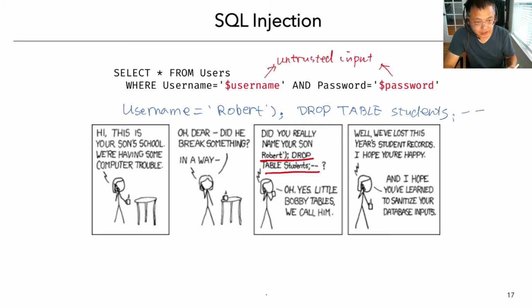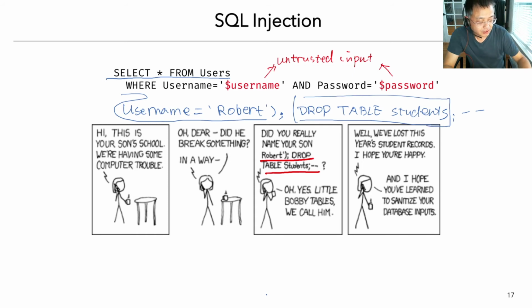If you look at this, now you are selecting star from users where username equals Robert. Then you drop the table Students. You have a second command, a second query.